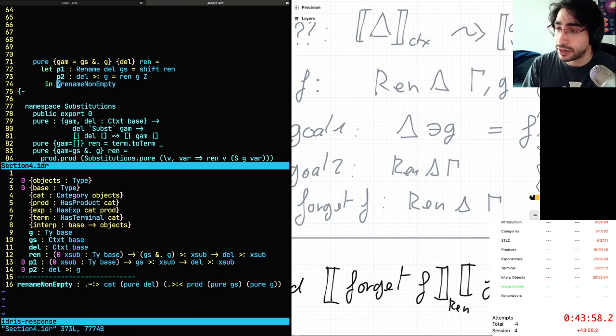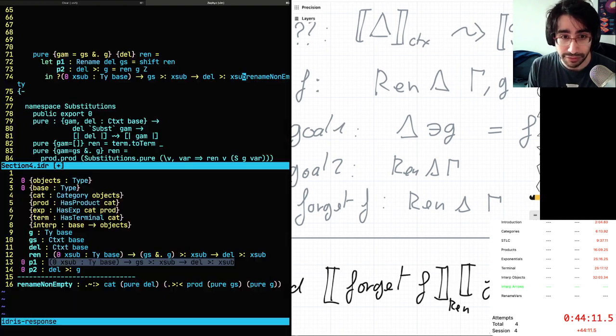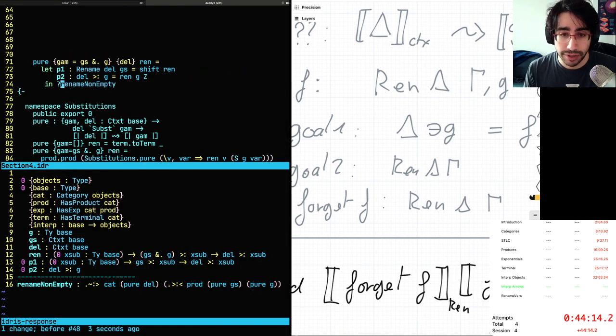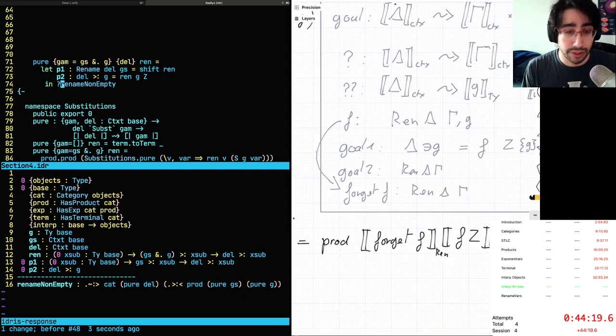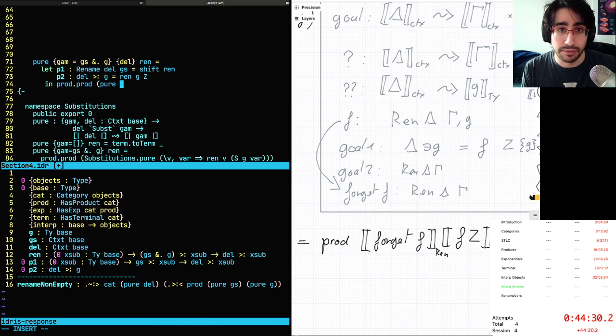And if we inspect our goal again, we are now given two things: this renaming from gamma to delta and this variable from delta to G. And if we do the product of them, so this is prod, and I think this should work, pure P1 and pure P2, we get the arrow that we were looking for.